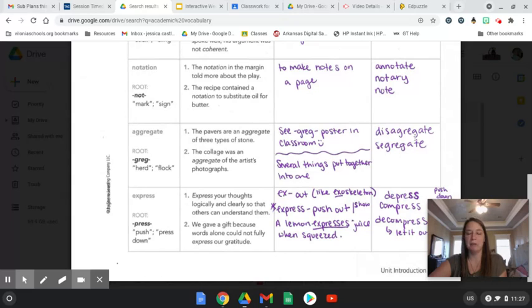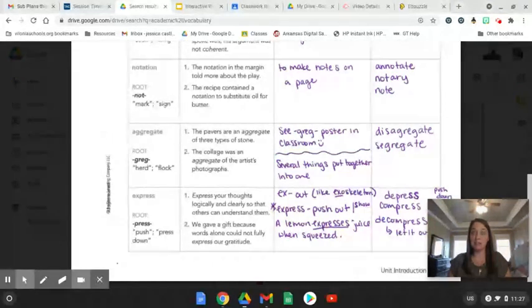disaggregate. I hope I just said that right. So that's what we do. Like when we get your ACT Aspire scores, they're all put together in one group. So to disaggregate, I really might have spelled that wrong. Anyway, it means we're taking it apart where we look at your scores individually, kind of unflocking your scores.